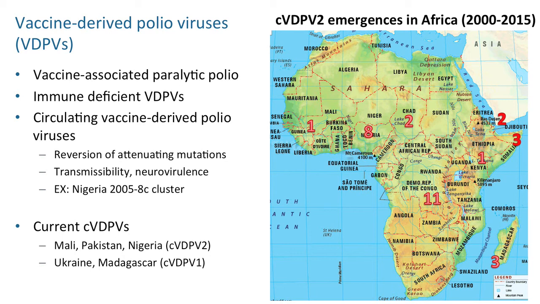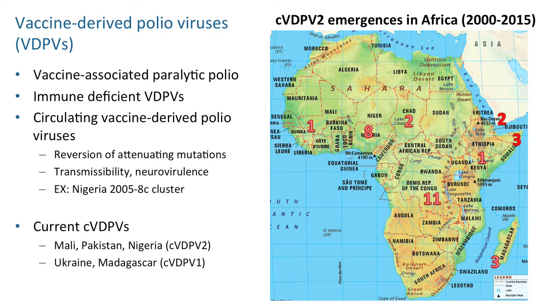When you get very close to the end, when you have no more wild viruses around, what's left is what's created by the vaccine. So you know that you'll eventually have to stop using the vaccine because it'll be the last source of paralysis that you have. As I mentioned, there can be vaccine-associated paralytic polio, or VAP, in primary vaccine recipients that are healthy.